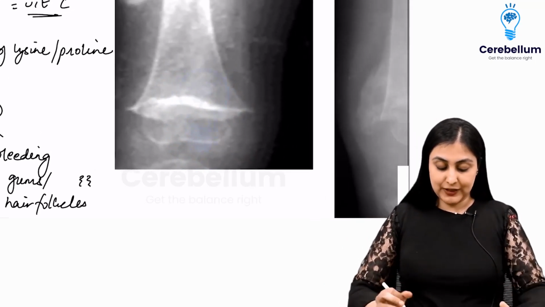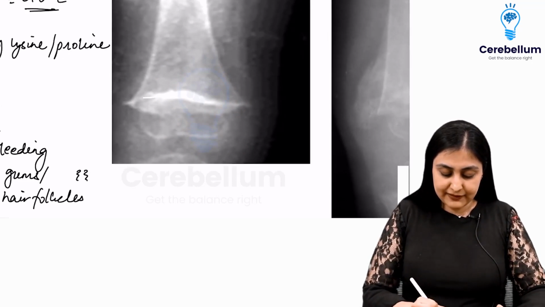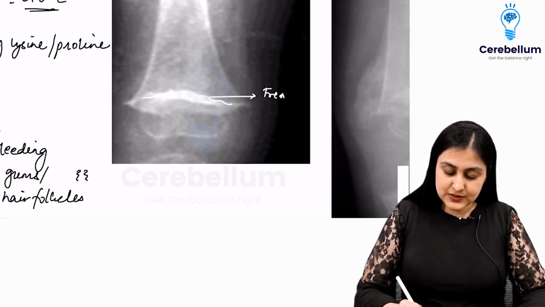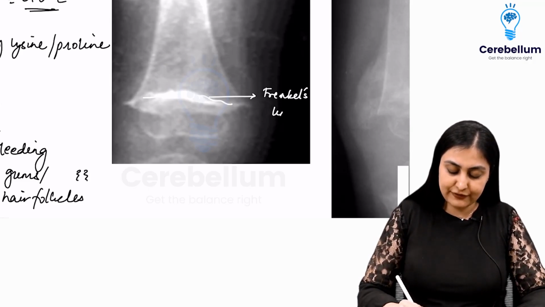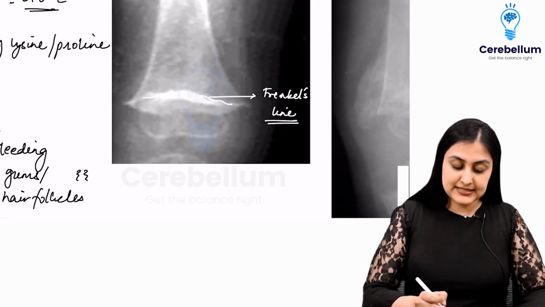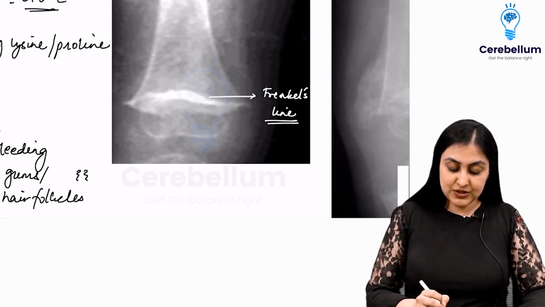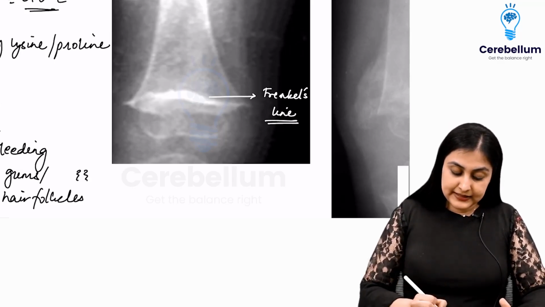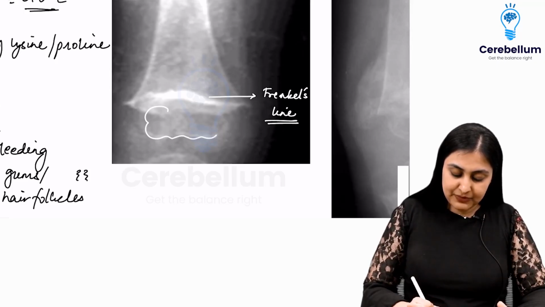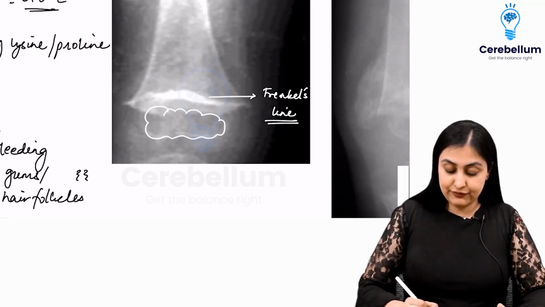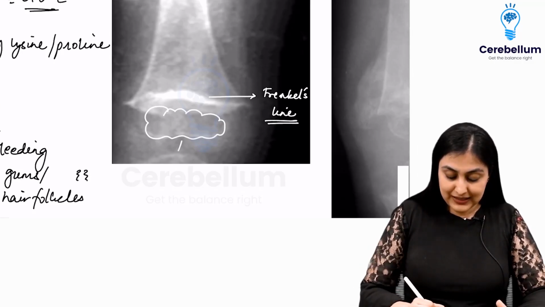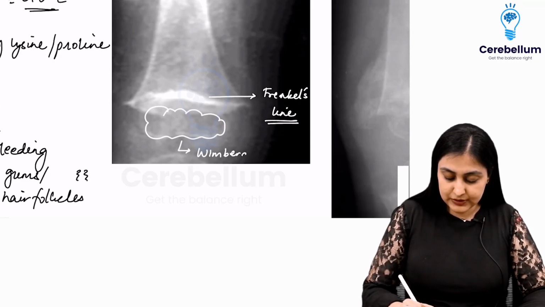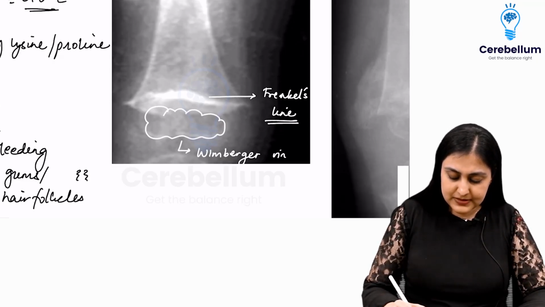Okay, so now have a look at this X-ray. Can you see how the metaphysis is very, very white? This is the Frankel's white line. So this is the Frankel's metaphyseal line. See how smooth it is. If it was healing rickets, it would be pretty irregular. Secondly, the associated sign wherein the epiphysis appears very well defined. You see that there is an outline around the epiphysis which is called the Wimberger rim sign.